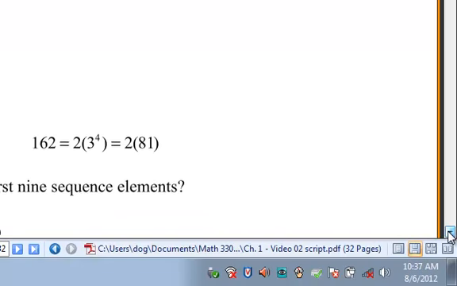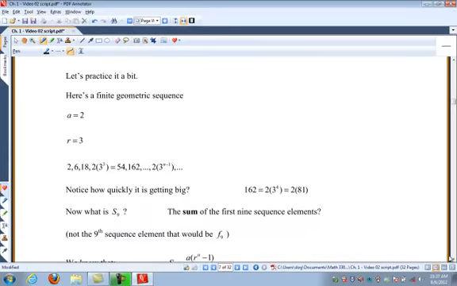Let's look at an application or a practice of this. Here is a finite geometric sequence. A is 2 and R is 3, so R is not 1. So if I put this together, A is my first term, that's 2, and my second term is 2 times 3, and then 2 times 9, and then 2 times 3 cubed is 54, and the next term will be times 3, and then 2 times 3 to the n minus 1.